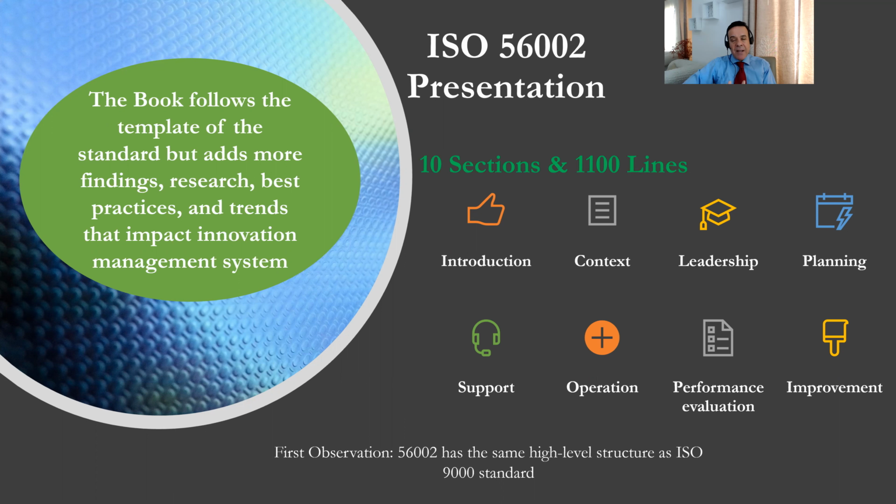So you will find a section about introduction, context, leadership, planning, support, operations, performance evaluation, and finally, improvement. In the book we explain in some detail these different sections, statements and clauses, and we added best practices, some trends, some research, and some findings.